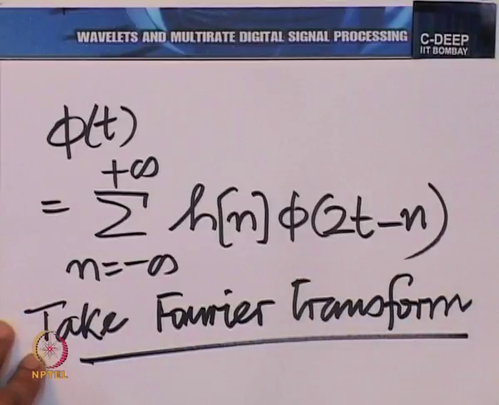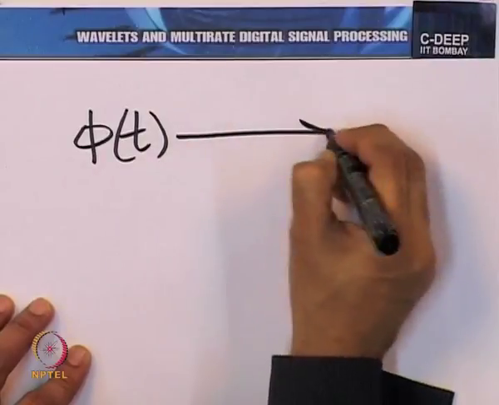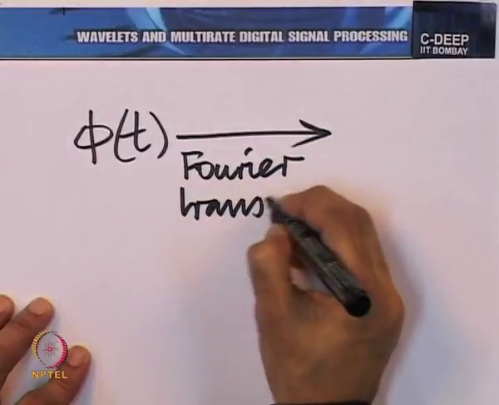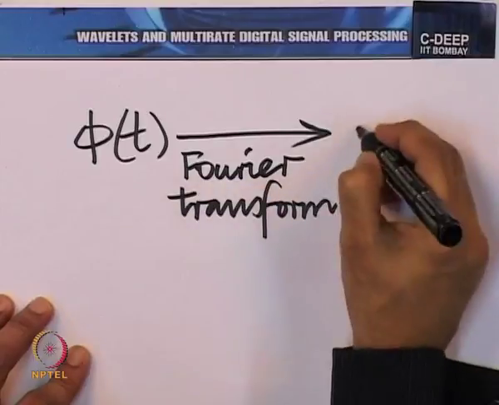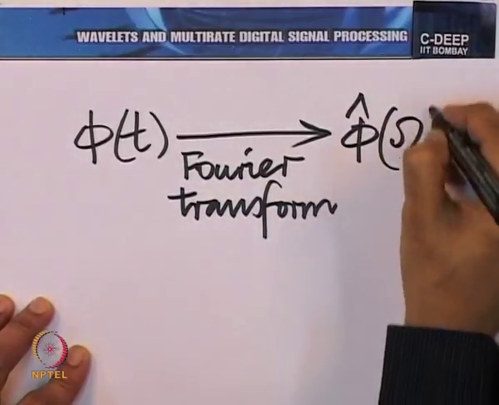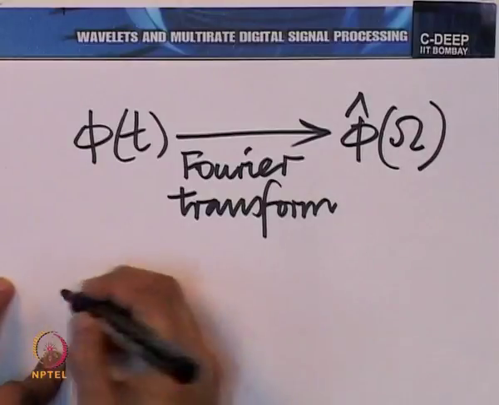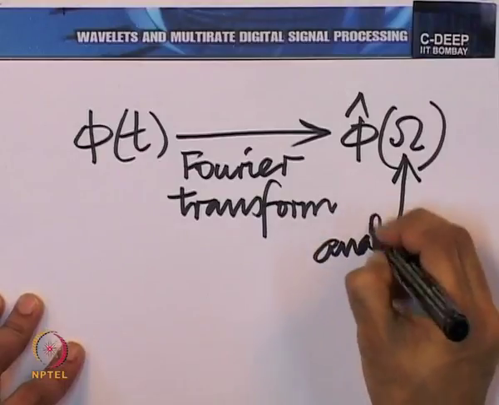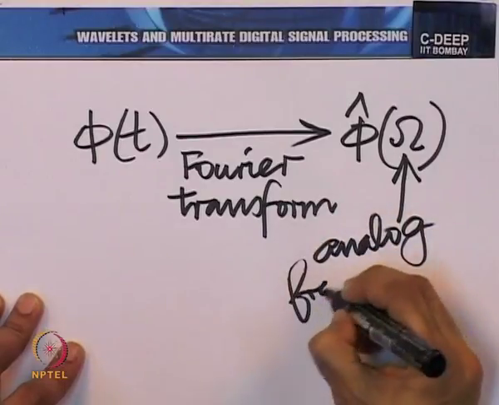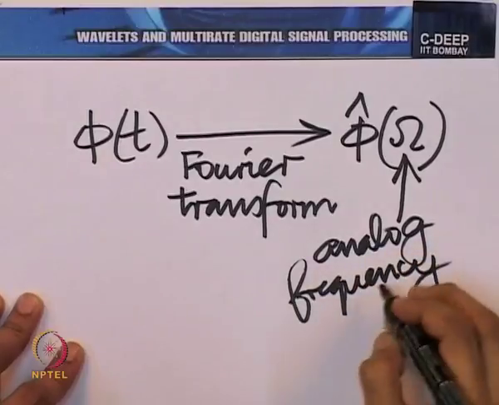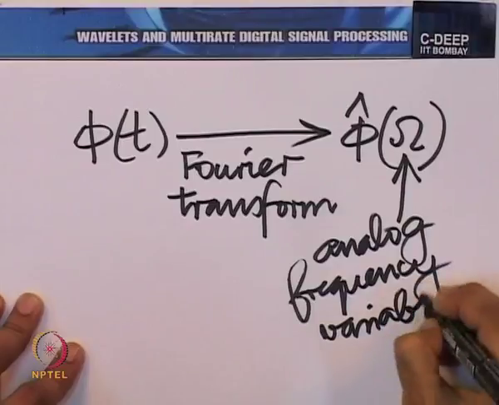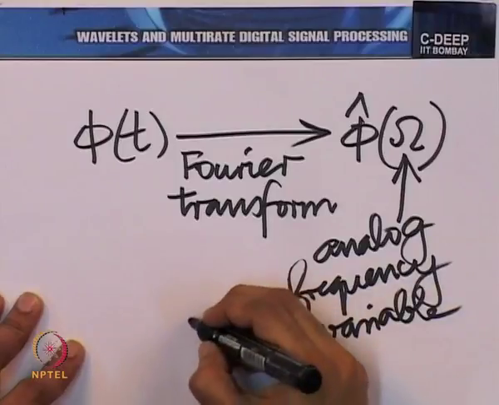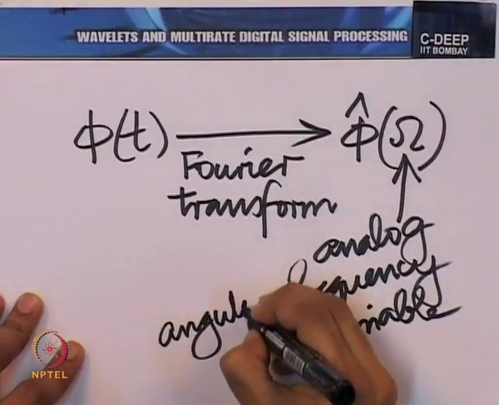Indeed, let us denote the Fourier transform of phi t as phi cap omega. Now, remember, this is the analog frequency variable, or the frequency variable corresponding to the continuous time context. So, I should say analog angular frequency variable, to be very precise.